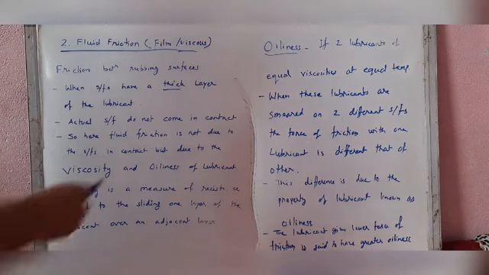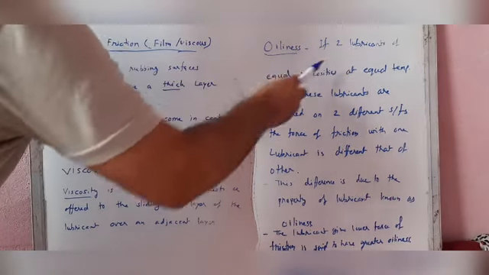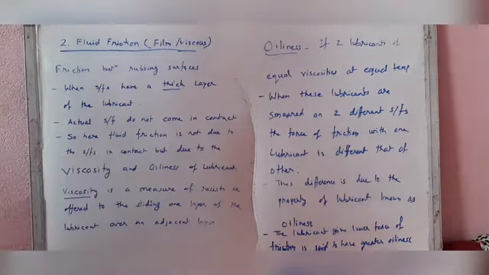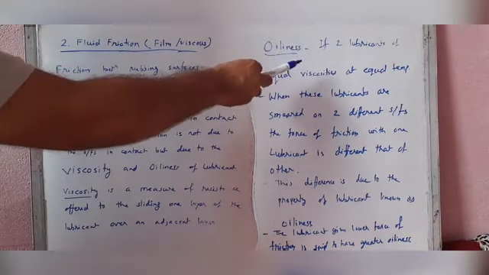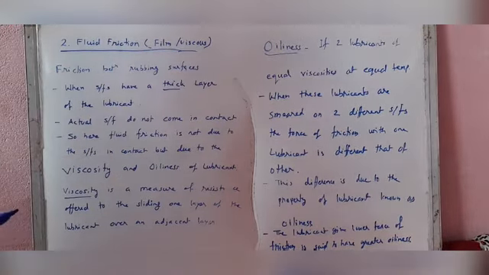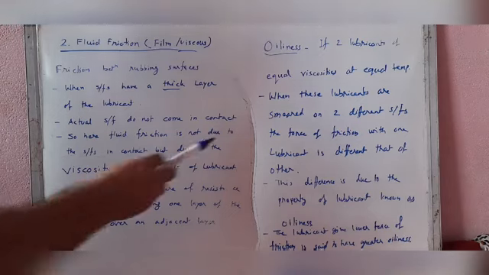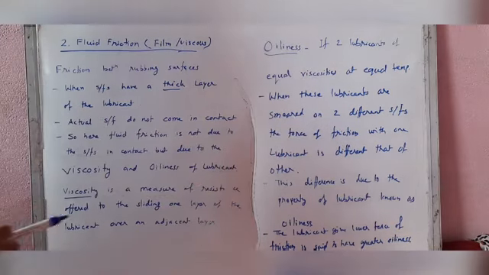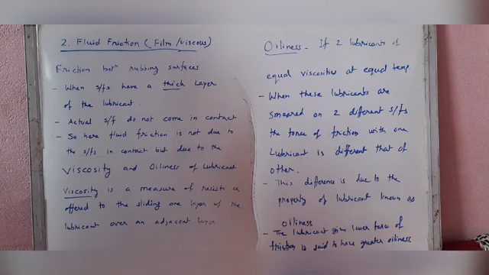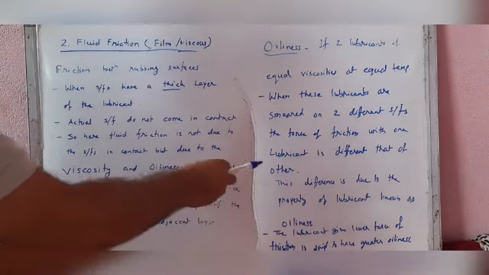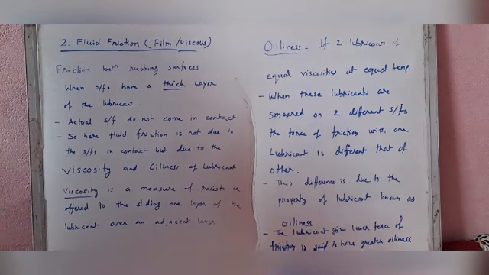Next is oiliness. If two lubricants have equal viscosity, here the viscosity of both is the same, at equal temperature, then when these lubricants are smeared on two different surfaces, it is found that the force of friction with one lubricant is different from that of the other.